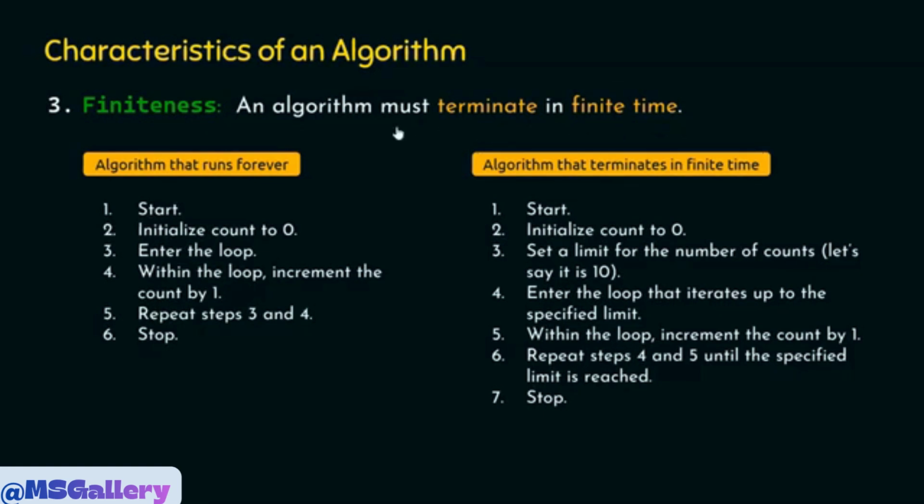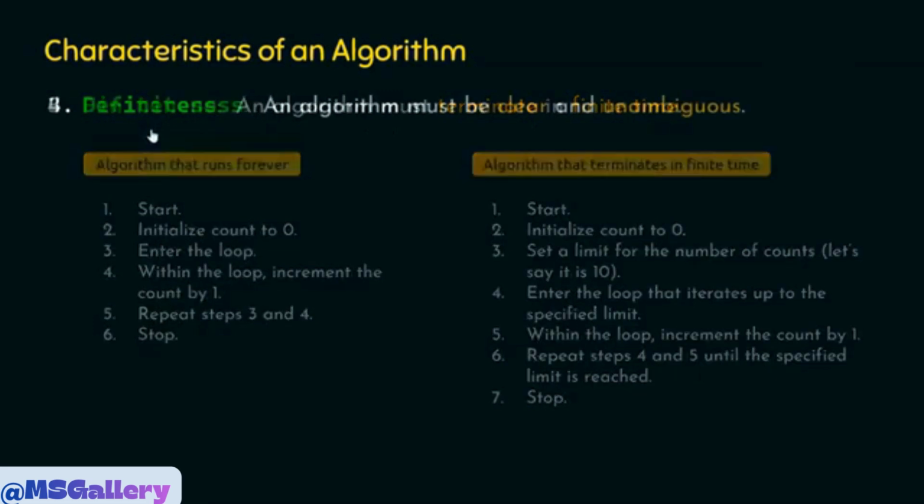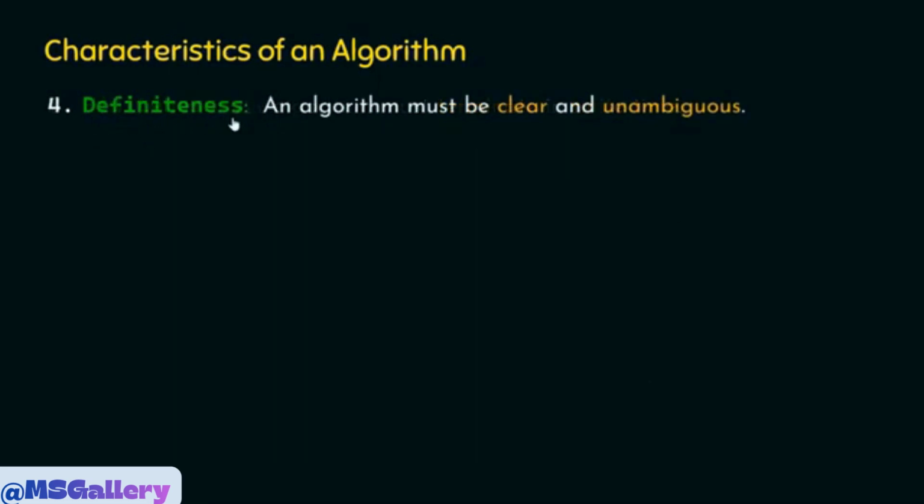Now, let's understand characteristic number 4, which is definiteness. An algorithm must be clear and unambiguous. It is important for an algorithm to not have any ambiguity. What does this mean? This means that each and every instruction or step of an algorithm must be clear and precise, or we can say that they must give only one meaning.